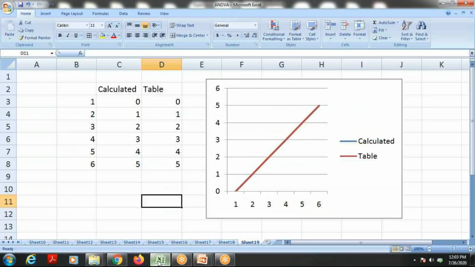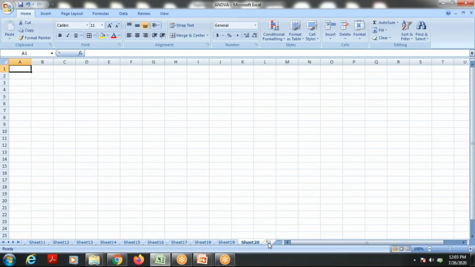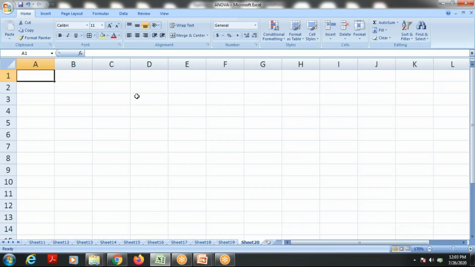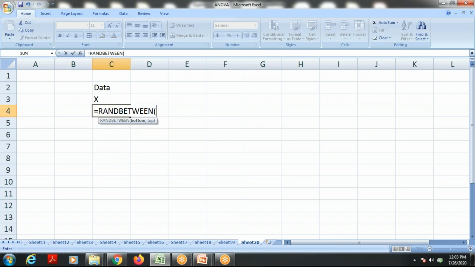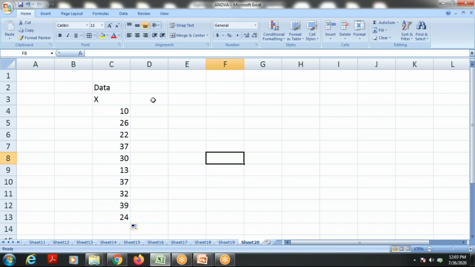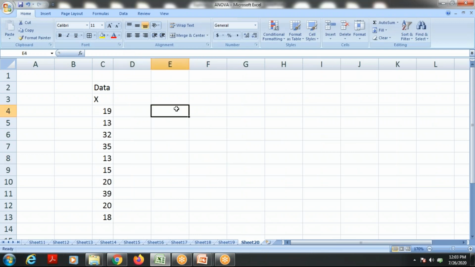Okay, so in both the cases, let's say that a data is given. Your data, we are calling that as X. Some values are given, and someone is saying, can you calculate the Z value?